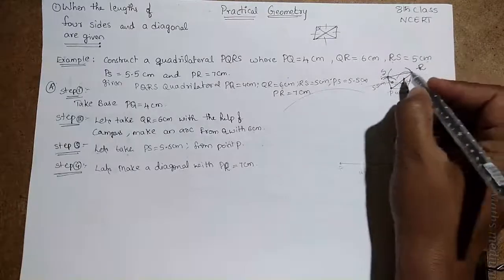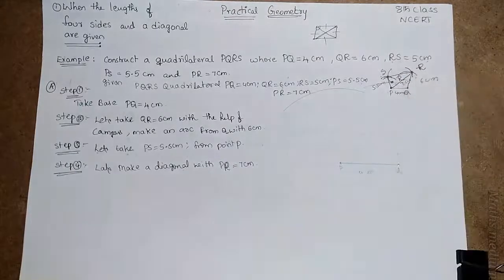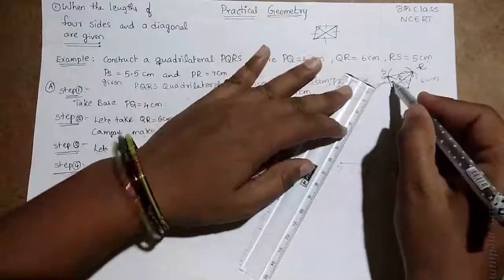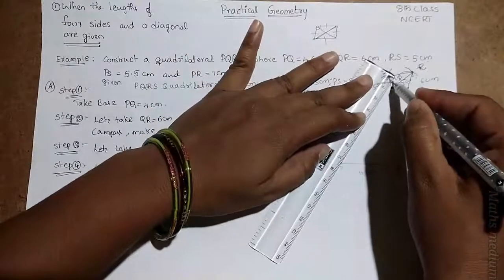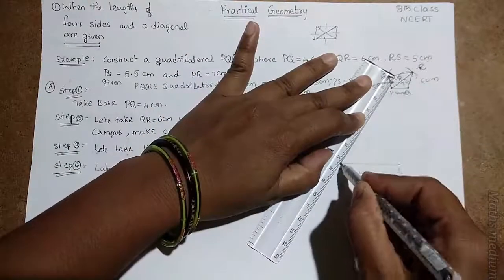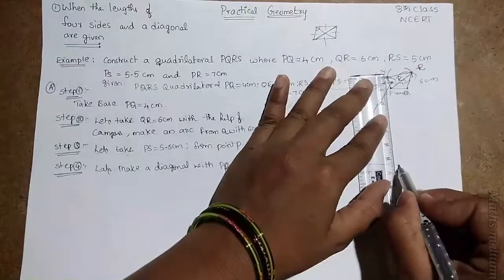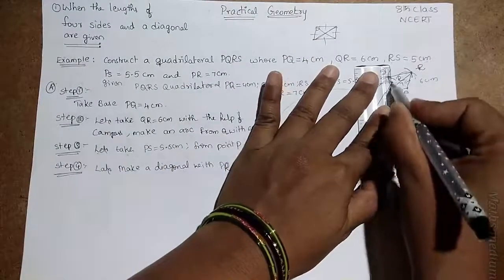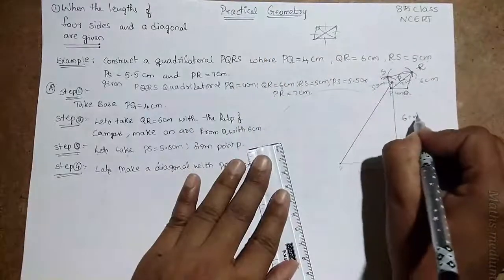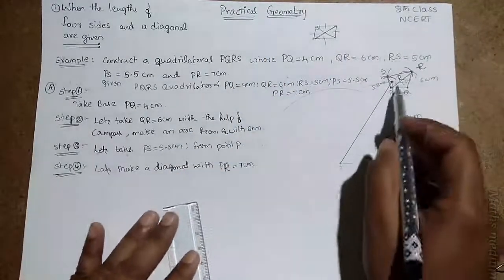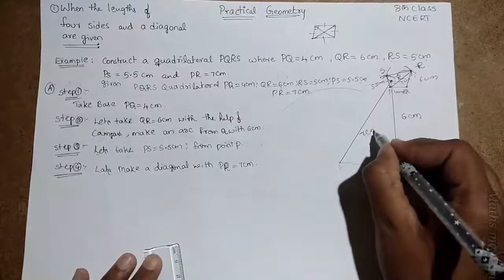So this is R, because we are making a diagonal from P and R. So that is R. We already know that QR is 6 centimeters. So here PR is 7 centimeters.